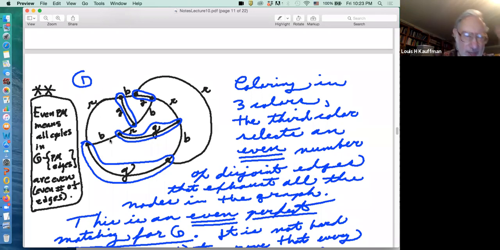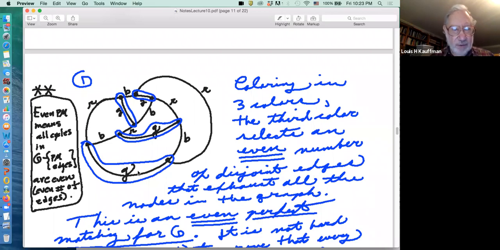And every circuit in the complement of the matching edges will alternately be colored in two colors, red and blue, you see? So these are two color alternations as long as you choose all these edges for the perfect matching. So you need an even perfect matching, and then you've got the coloring, and vice versa.